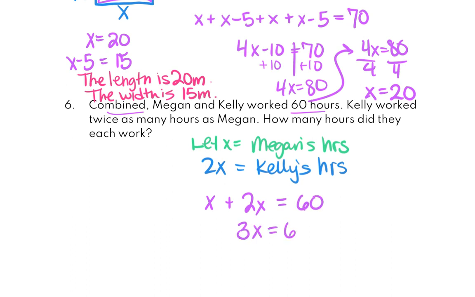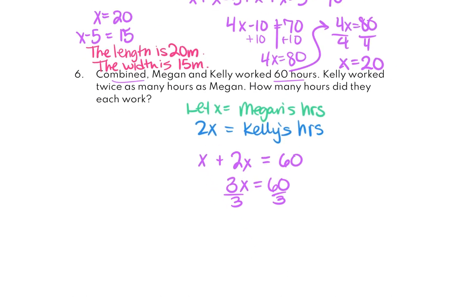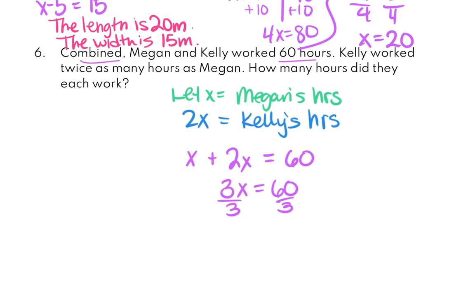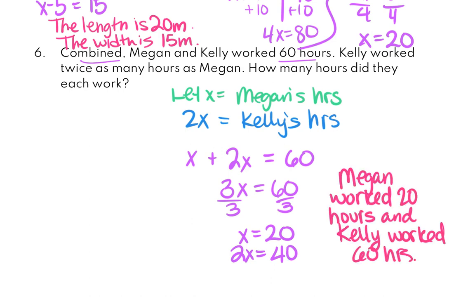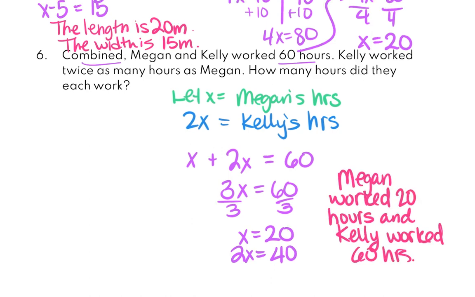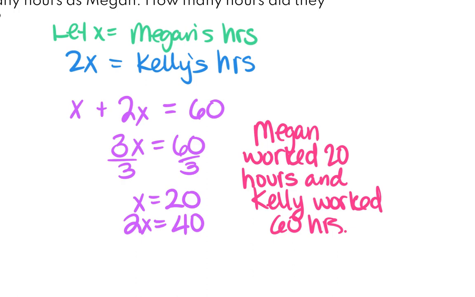Combine my like terms, we get 3x equals 60, divide by 3 on both sides. x is equal to 20, 2x is equal to 40. Here's my sentence. Megan worked 20 hours and Kelly worked 40 hours.